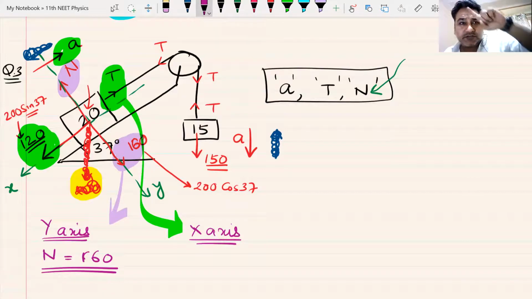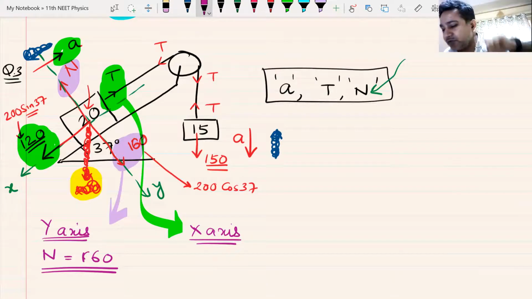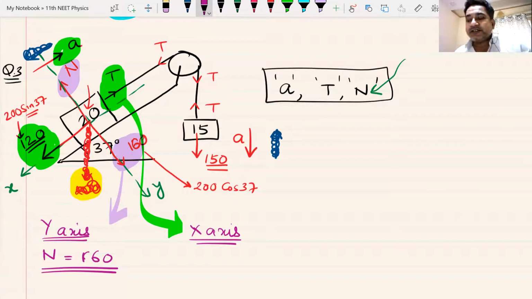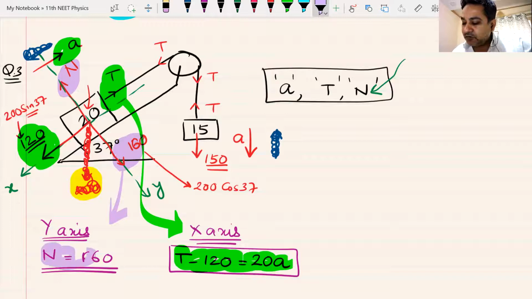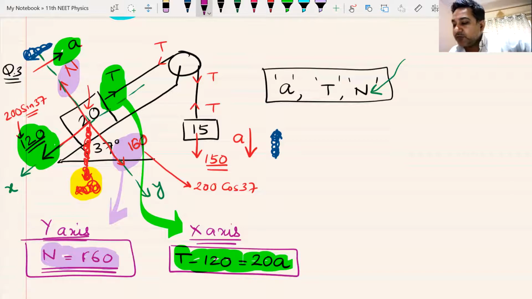T is upwards, 120 is downwards, A is upwards. T minus 120 is equal to MA, 20A. That becomes my green equation. Normal is equal to 160. That becomes my pink equation, whatever color it is.